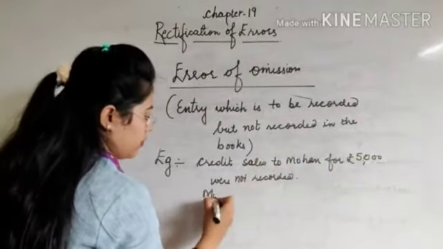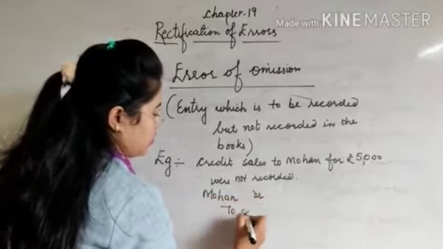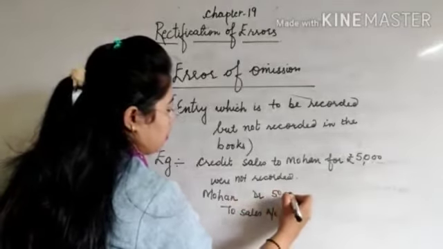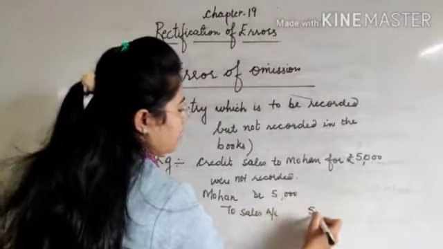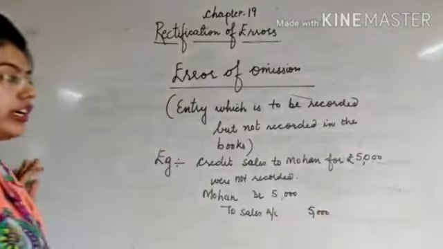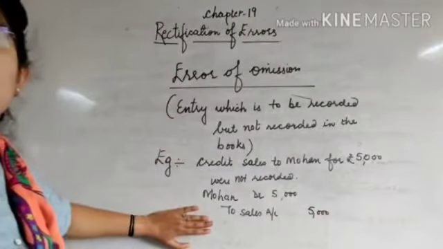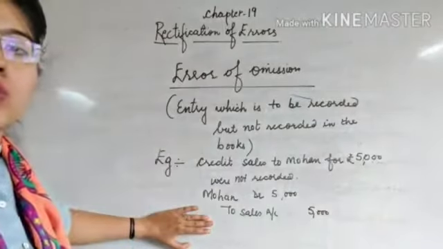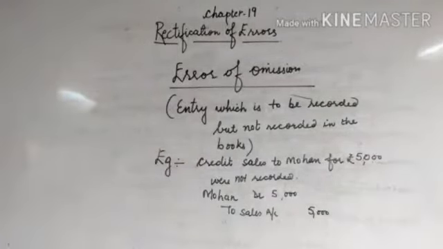The entry will be Mohan debit to sales account 5,000, but we left it unrecorded. So we record it now with the entry Mohan debit to sales account. This is the rectifying entry which we have to do. Clear? Error of omission. Next is error of commission.